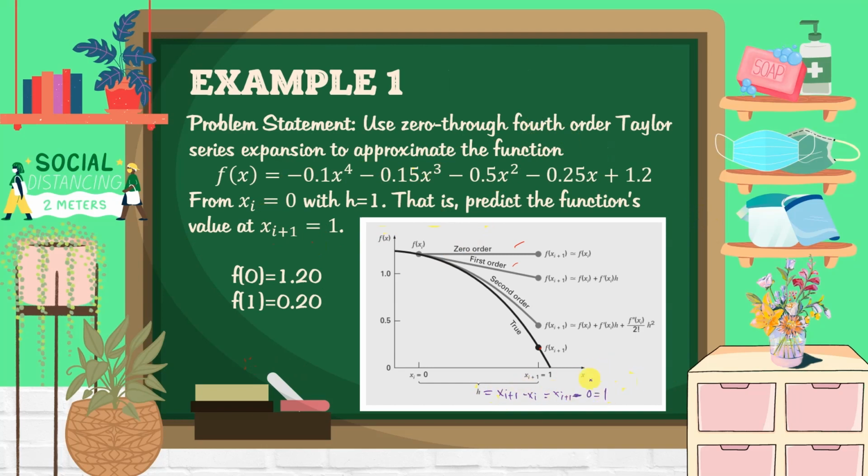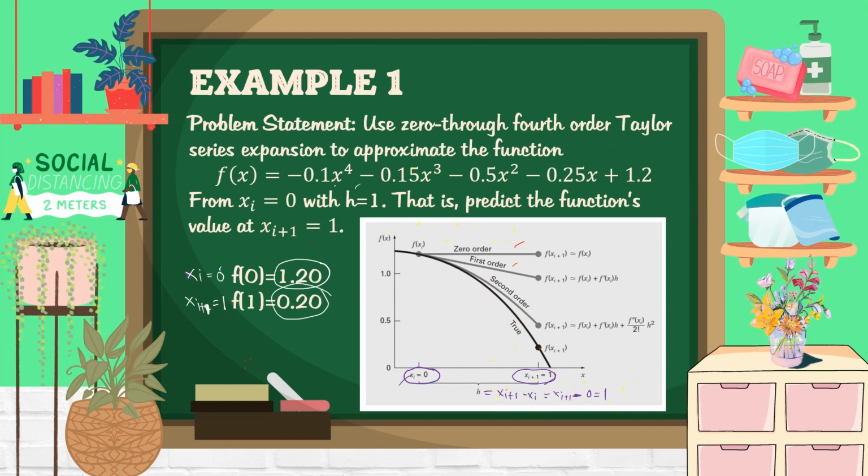We have the value of our xi plus 1 equal to 1 from the initial xi equals 0. So, that is our h. Because we are dealing with a known function, we can compute the values of the function of x between 0 and 1. Substituting x as 0, we get the value of 1.2, and substituting xi plus 1, which is 1, into the function, we get the value of 0.2.